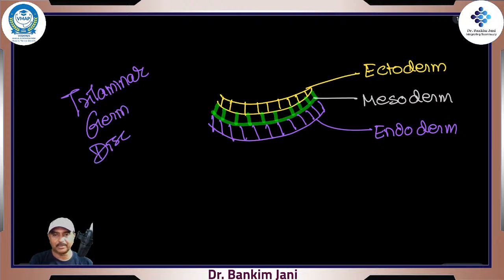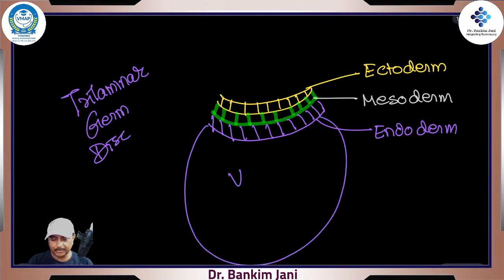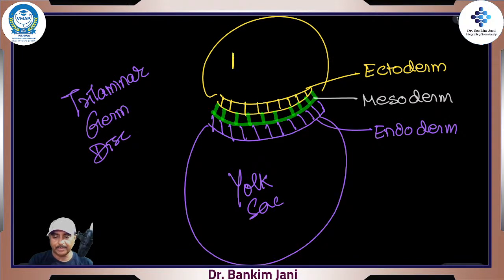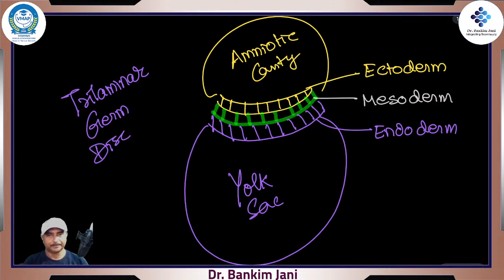So we have three layers, right? This portion would be the yolk sac, just for reference, and this one would be the amniotic cavity, or the amniotic sac. Now we are entering into only this small portion, so we are entering into the mesoderm.